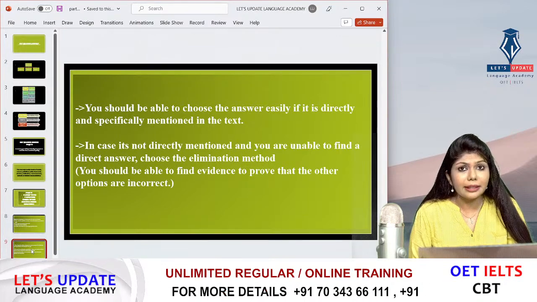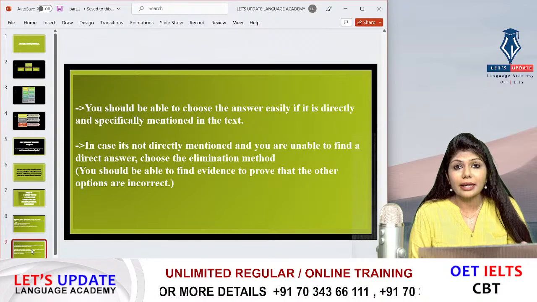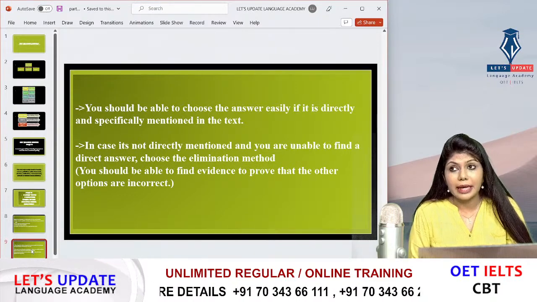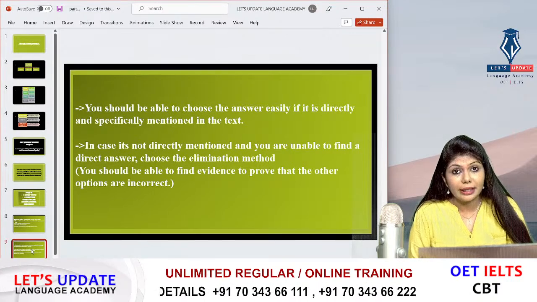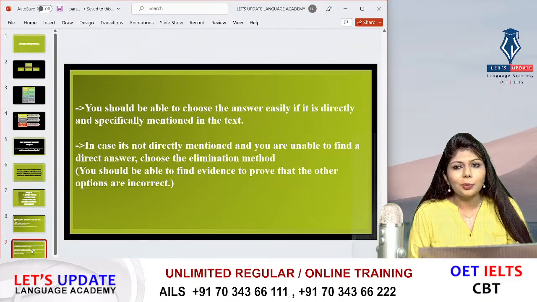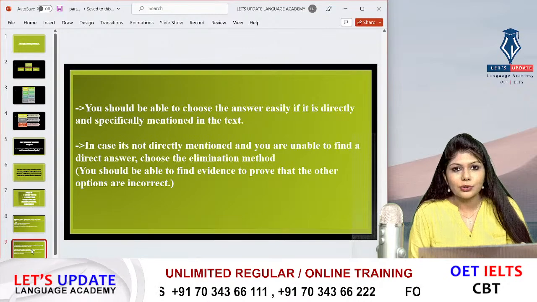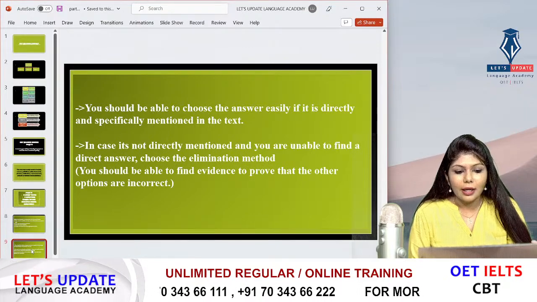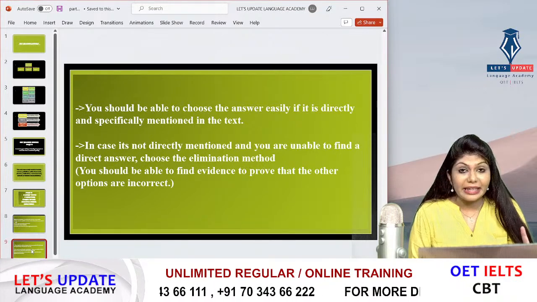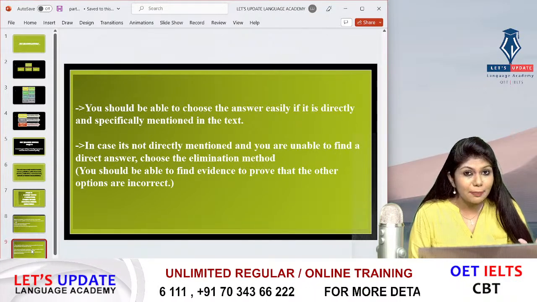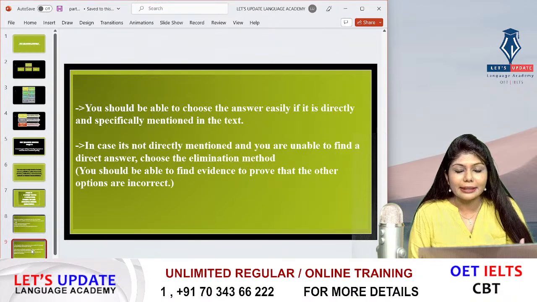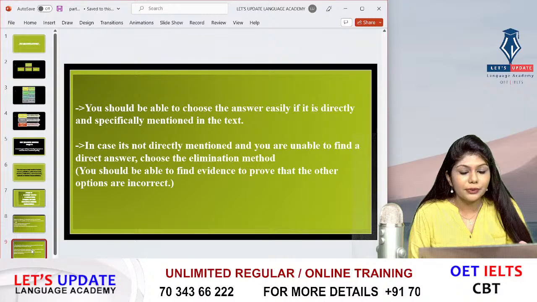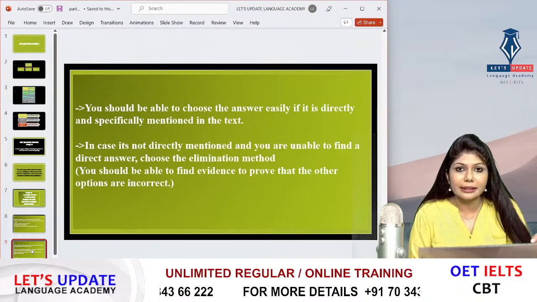But there are times when it's not directly mentioned, and in those cases it would be indirectly mentioned. Then you need to approach it differently. You should be able to choose the answer easily if it is directly and specifically mentioned in the text, and in case you are unable to find a direct answer, then choose the elimination method.